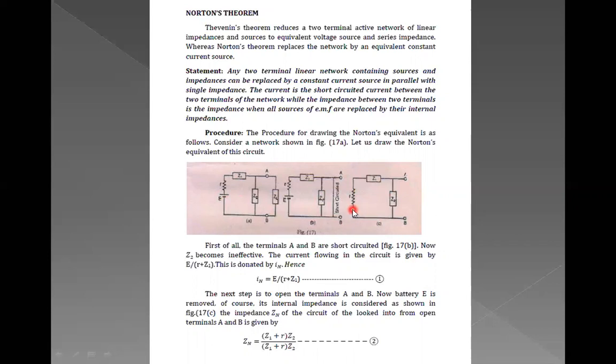Then we made these two terminals open. So making these two terminals A and B open and removing this battery E, we can find the total resistance or impedance in this particular circuit. This is how it looks. With respect to terminals A and B, these two, R and Z1, are in series and the equivalent of these two is in parallel with the other impedance called Z2.